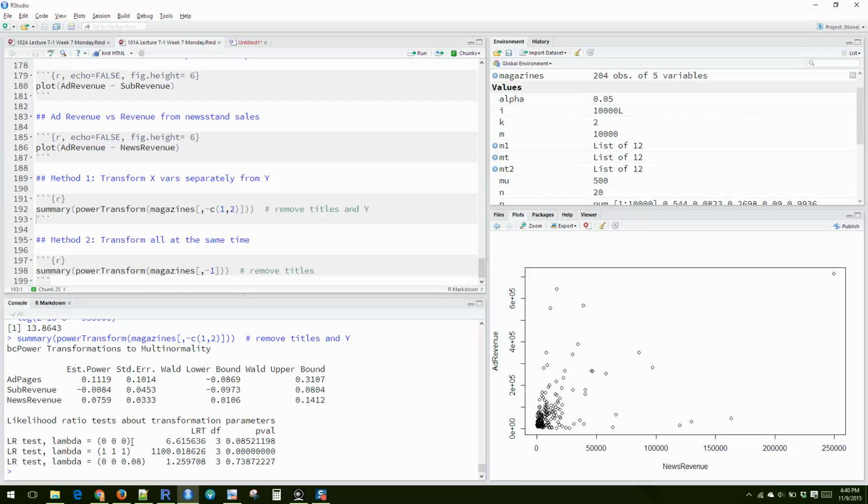apply the 0, 0, 0 transform to the columns ad pages, sub revenue, and news revenue. And so we would fit a model.